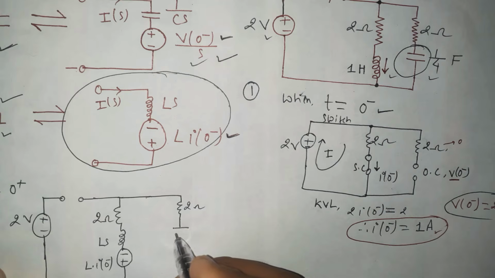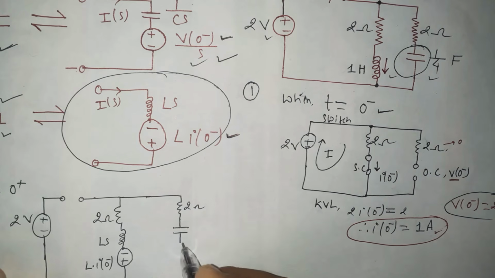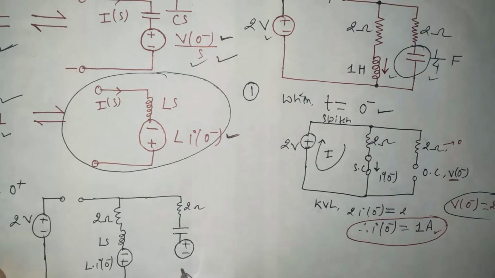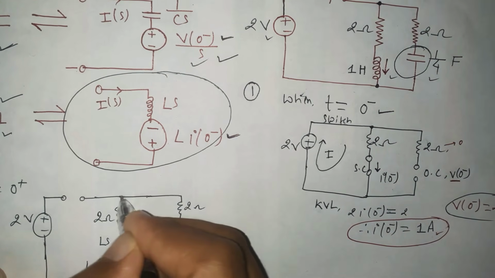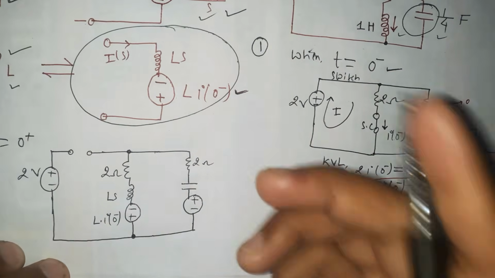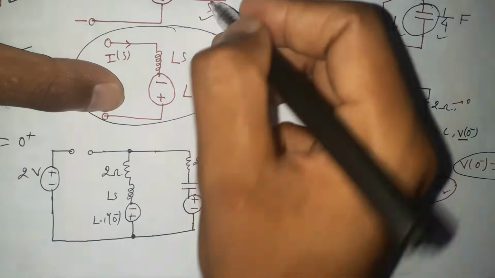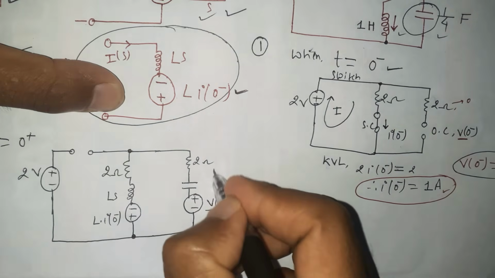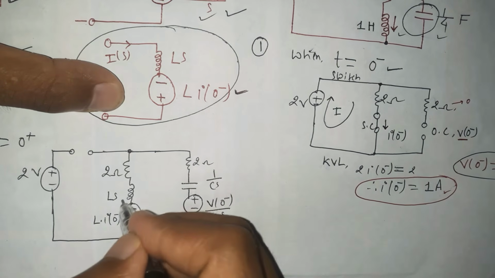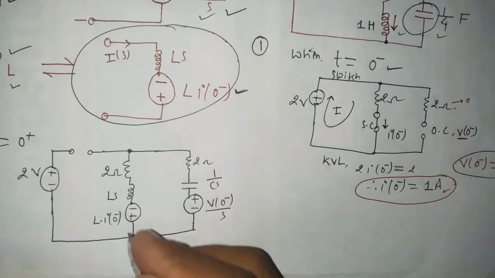The capacitance will be as it is, and this will be plus minus, a voltage source. This is the equivalent circuit. Here this voltage source will be V 0 minus over S, this capacitance will be 1 over CS, and this is Ls, and this is L times I 0.